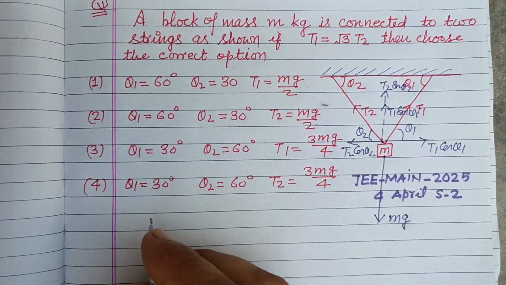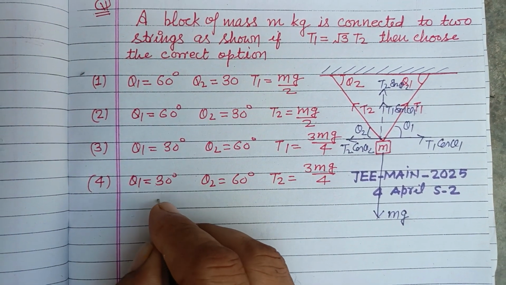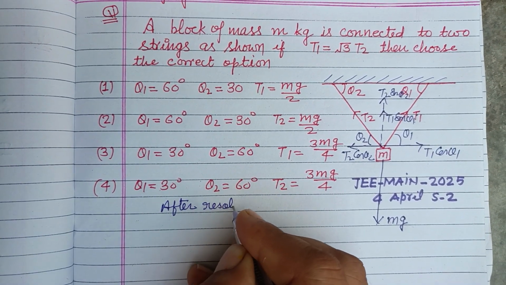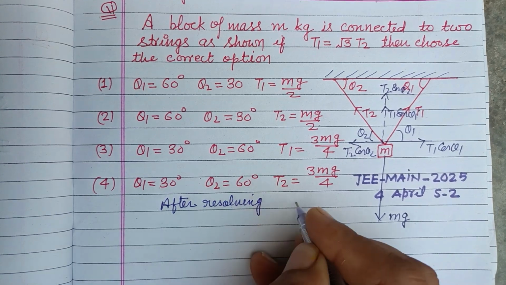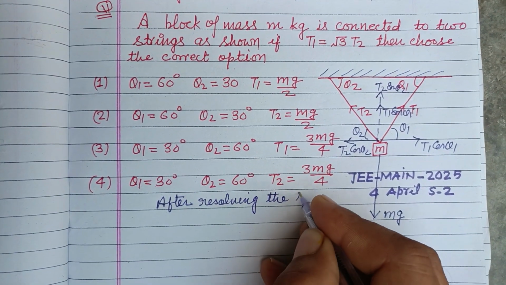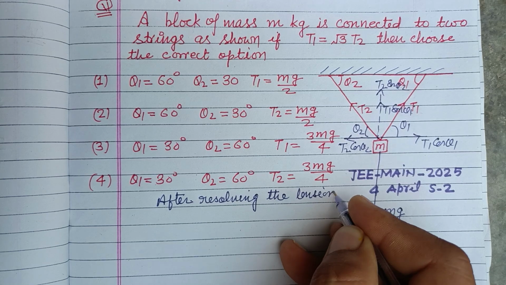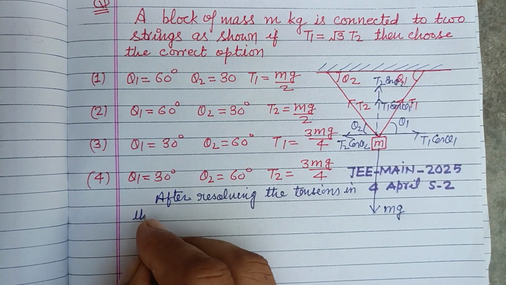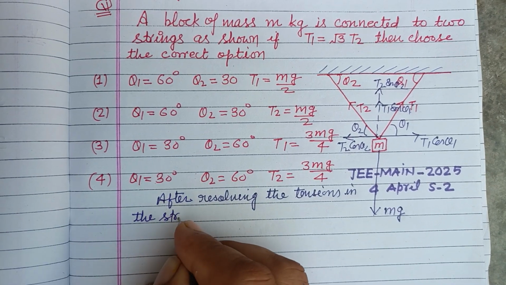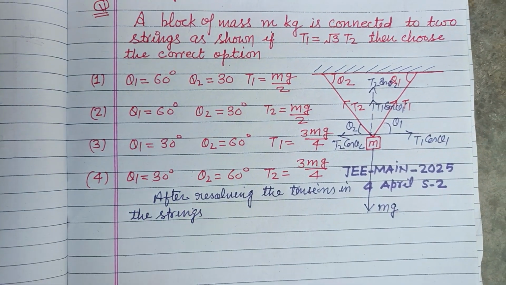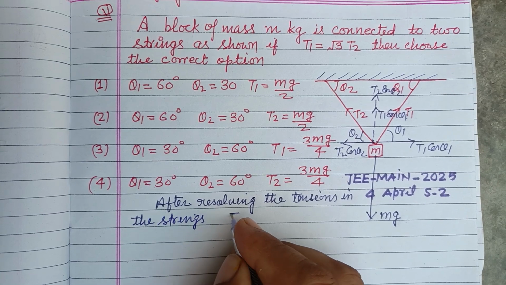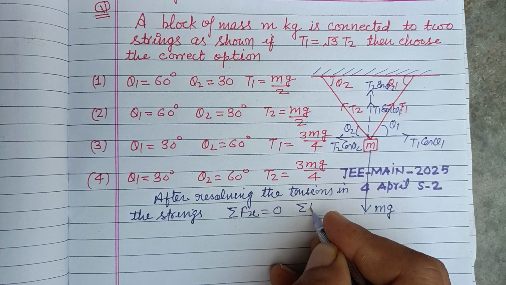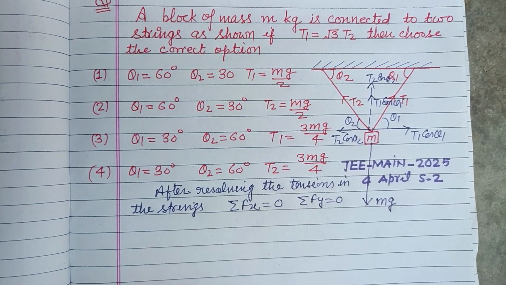Okay, so after resolving the tensions in the strings, we have sigma Fx equal to 0 and sigma Fy equal to 0.